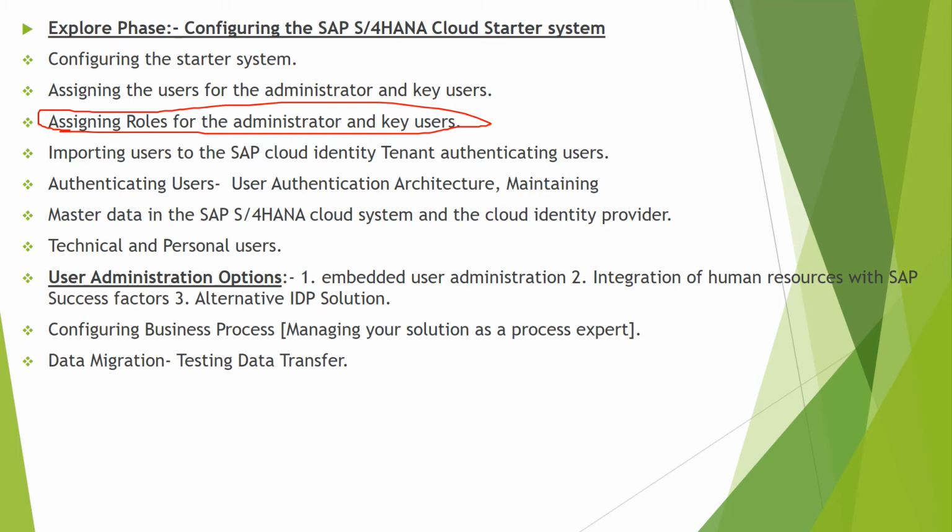Log on to the system with the newly created user, and select the Maintain Business Users tile in the Identity and Access Management group. In the next dialog box, assign the desired roles to the selected user, which is SAP_BR_ADMINISTRATOR, the administrator role in our discussion in this video example.